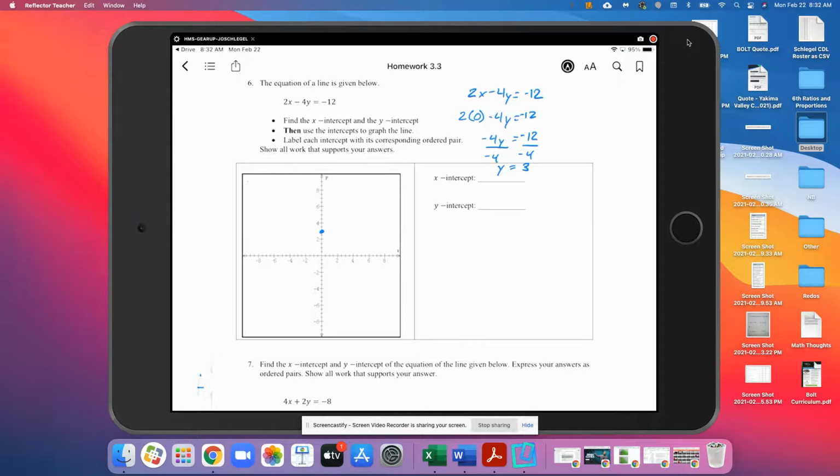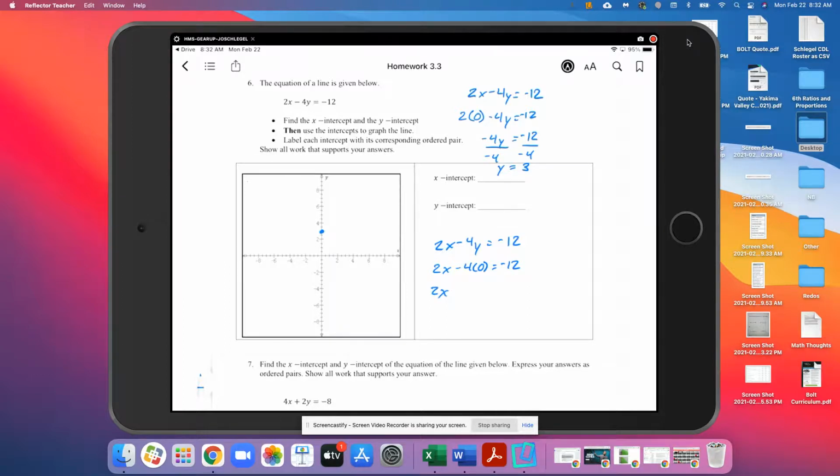So we will do the same thing to find our x-intercept. This time we will put a 0 in for y. And so we have 2x.